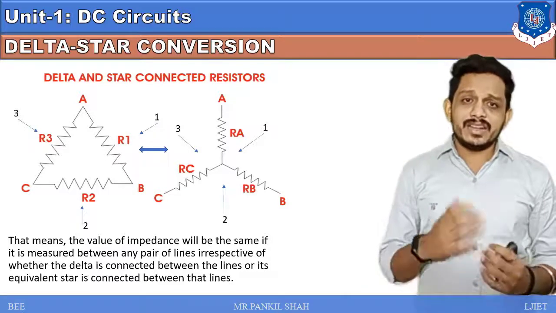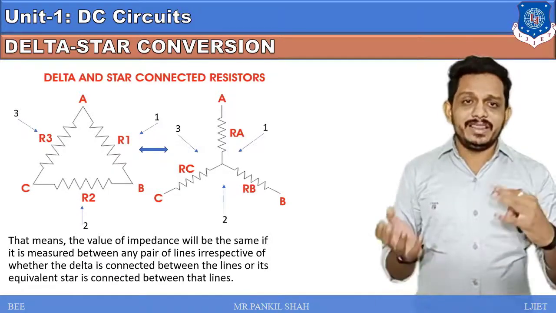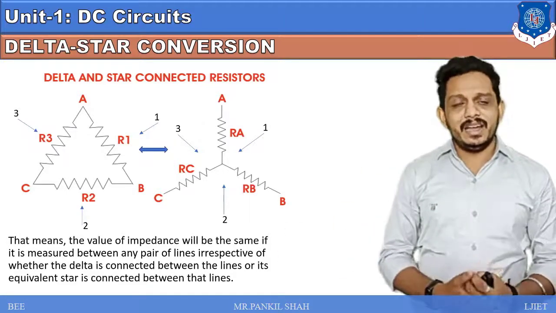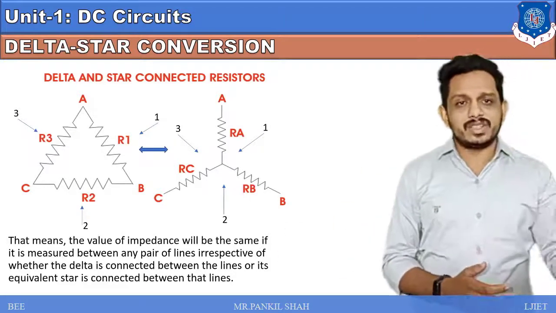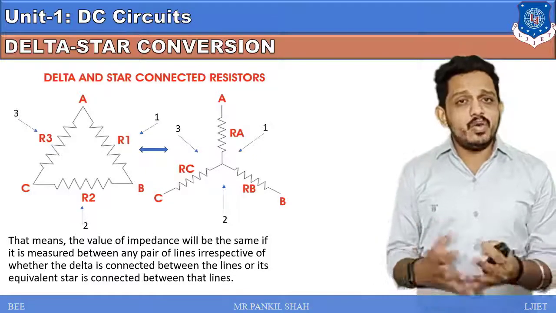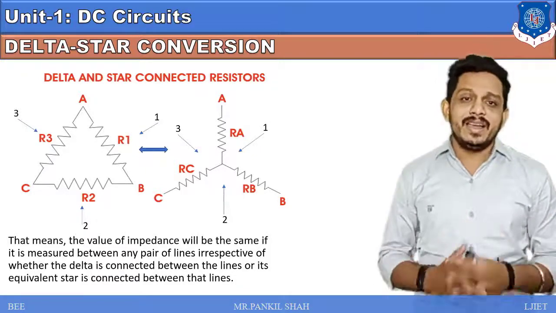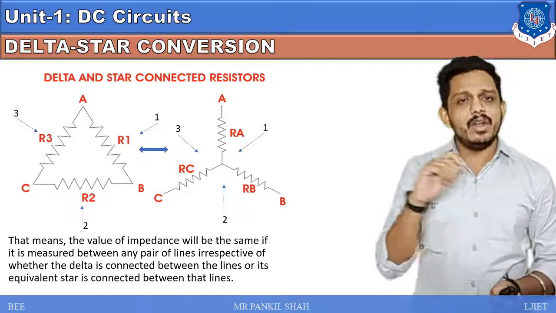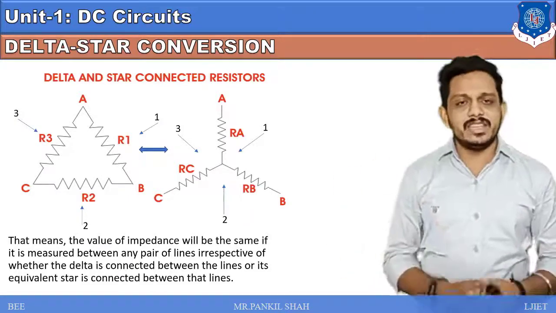So if we are converting the network from this first point of view, then the resistance in delta should be equal to the resistance in the star. Or if you are converting from star to delta, then if the resistances in the star connection have the same value as the delta connection, then this conversion is perfect.